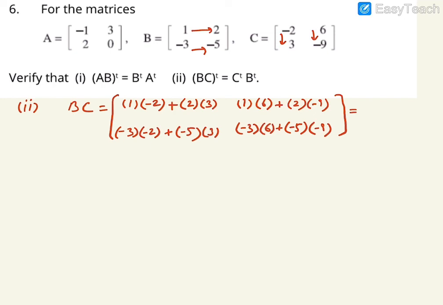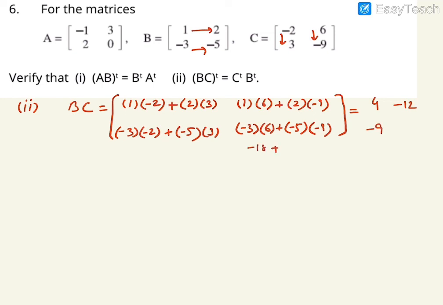So what we will get: minus 2 plus 6 is 4, 6 minus 18 is minus 12, 6 minus 15, so here comes minus 9.